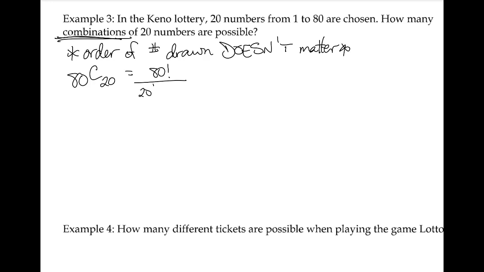So it would be 20, 60. And then you would calculate it from there. So grab your calculator, make sure you know how to punch this in, either using the left-hand side, if you have that as an option, or the right-hand side using your factorials. Okay, so because these numbers are so incredibly large, I would imagine that this would be something that we would see on the calculator section.